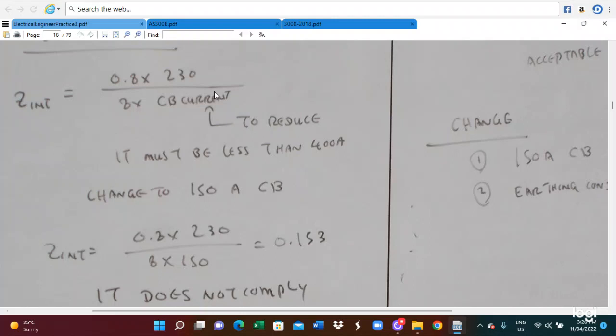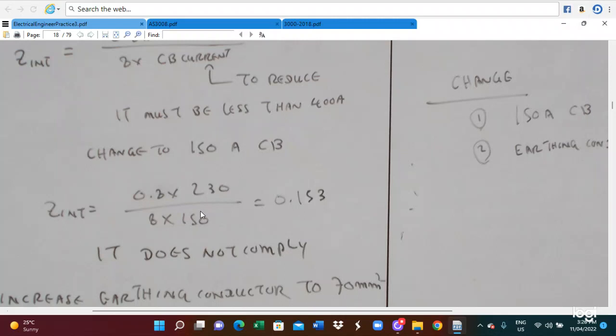In this case, another thing we have to reduce is the circuit breaker current. The circuit breaker we originally used was a 400 ampere circuit breaker. So we reduce it to 150.